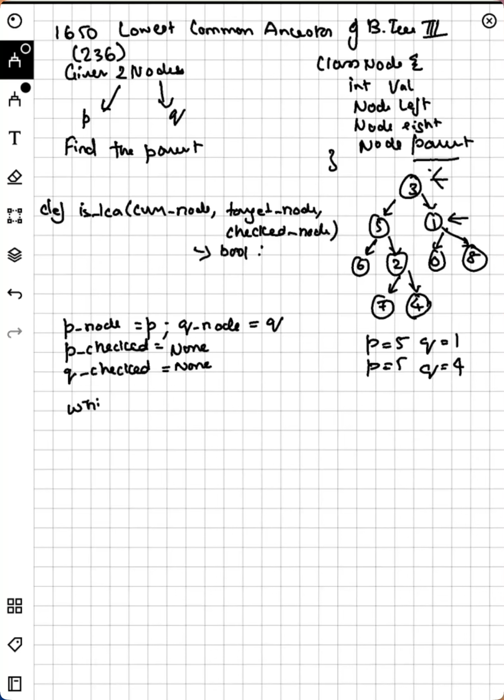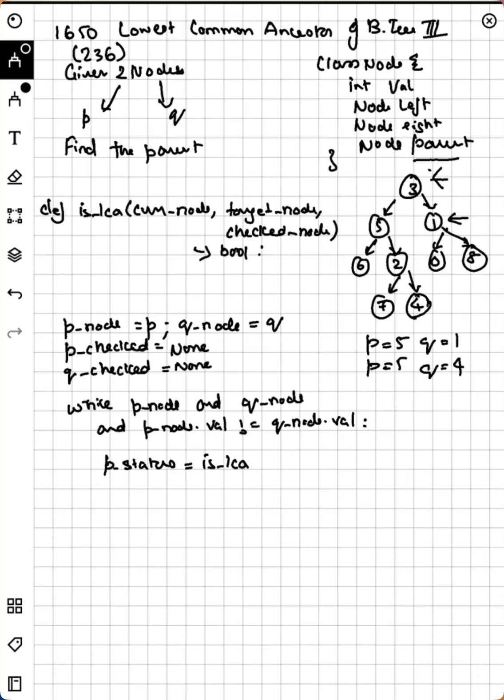And so what I can say is that while p node and q node and p node dot value is not equal to q node dot value, that is, till the time I have not landed on the same parent, let's continue traversing upwards on both the p path and the q path. First what we do is we take the p status, which is LCA. You take the p node, which is the current node.